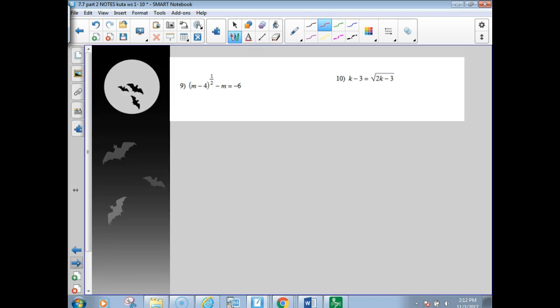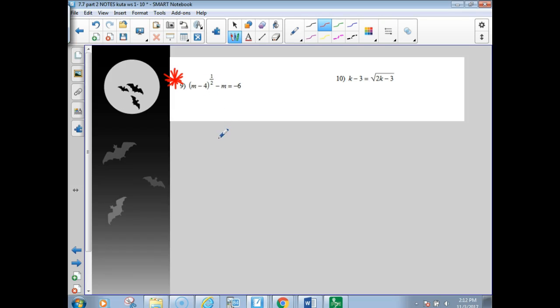All right, next set of examples, 9 and 10 are a little bit on the complicated side. Number 9 is not ready to go. What do we have to do first? Add M. Why? How have I worded it before?